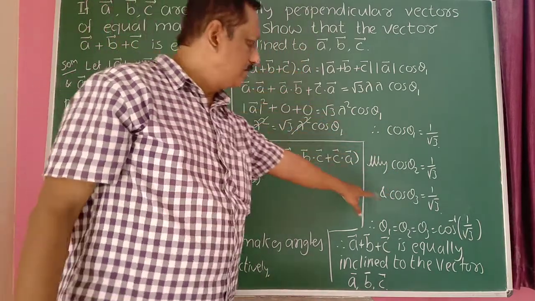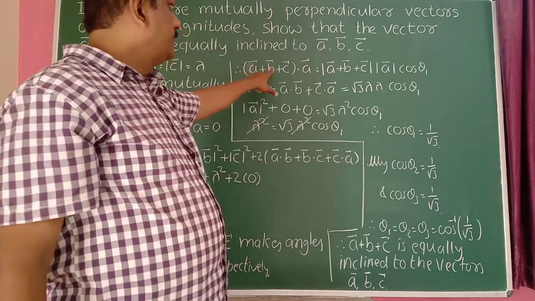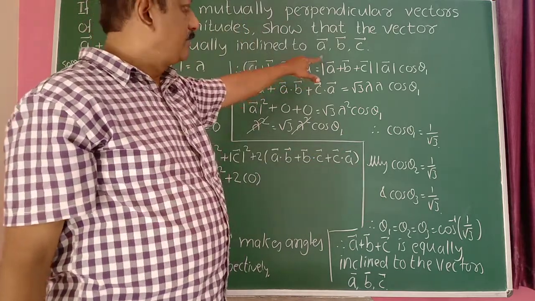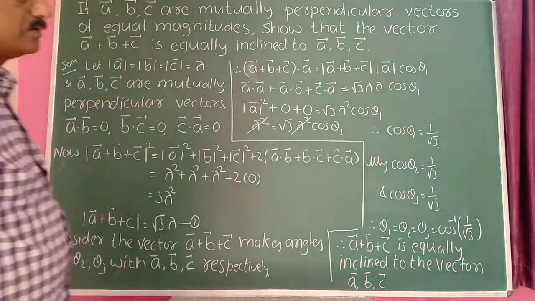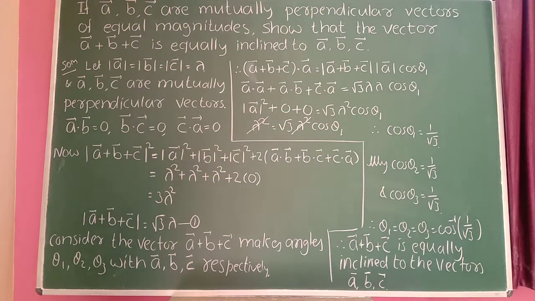For cos theta 3, take A bar plus B bar plus C bar dot C bar. Continuing like this, we get these two results here. Hence, theta 1 is cos inverse 1 by root 3, theta 2 is cos inverse 1 by root 3, theta 3 is also cos inverse of 1 by root 3. Hence, all angles are equal. Therefore, the vector A bar plus B bar plus C bar is equally inclined to the vectors A bar, B bar and C bar.